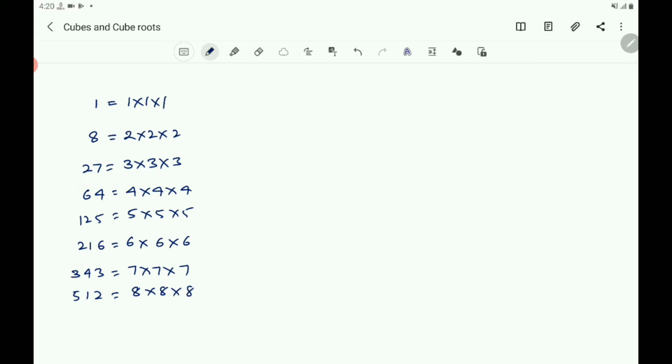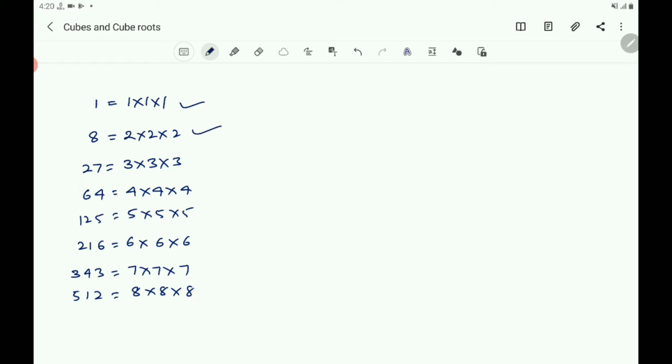Like this way you can write the numbers 1, 8, 27, 64, 125, 216, and so on. They are the numbers obtained by multiplying the same number 3 times. When a number is multiplied by taking it 3 times, you will get these numbers. By multiplying 1 3 times, you will get 1.